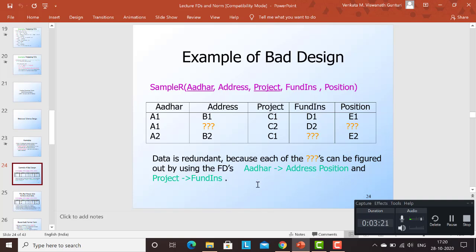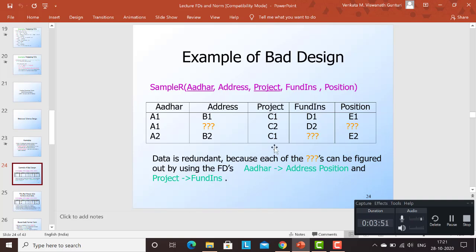Let's say that we have the following functional dependencies in this particular business use case. One being that given an Aadhaar number, I can uniquely determine the address of the faculty and the position. Essentially, Aadhaar number can uniquely identify the details of a faculty, so I'll write the FD as Aadhaar number implies address and position.